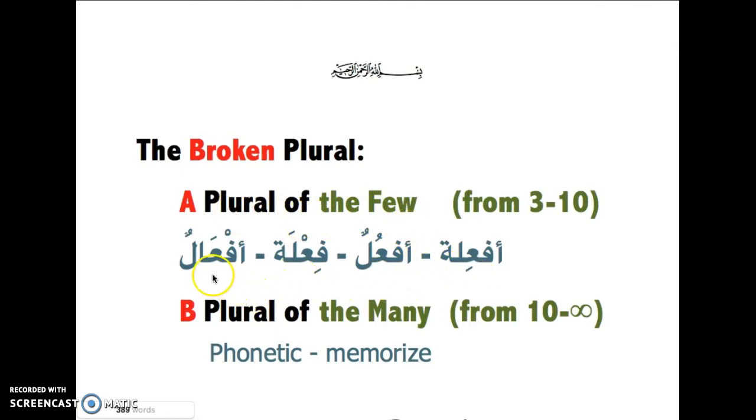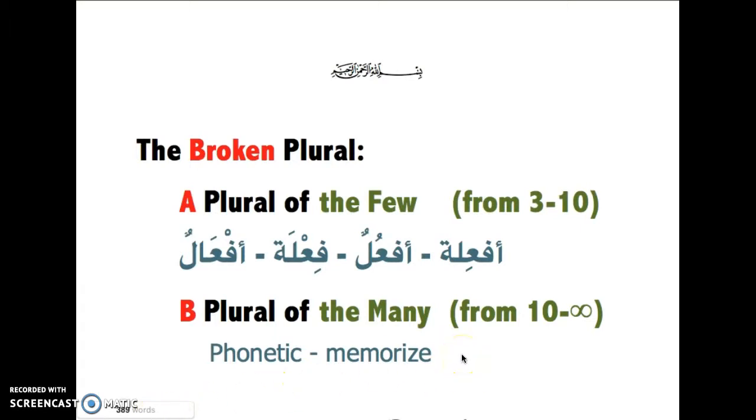So if it's broken, meaning if it's not unchanged, and it's not one of those 4, then it's called the plural of the many, and you memorize it, right? I'm not sure if this is helpful. Sometimes you would want to know which one it is, but anyhow, I just thought you might want to know. Or you can just go with phonetics and memorization. So whenever you see a broken plural, you just memorize it. Either way, I just wanted you to know this bit.